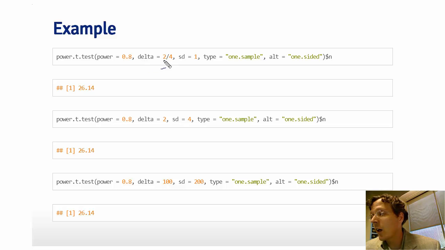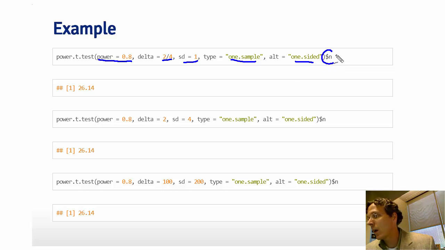So here I'm specifying delta of 0.5 and my standard deviation of 1, so an effect size of 0.5 divided by 1, or 0.5, and I'm telling power.t.test I'd like to know what is the relevant sample size if I wanted a power of 80%. Then over here, again, I'm doing one sample and one-sided. I'm grabbing n. Okay? And it gives me a sample size of 26, and then in these kinds of calculations, you always want to err on the side of conservatism, so you bump it up to 27 whenever you get a fractional value. You always get a fractional value, you always want to bump it up to the nearest integer.